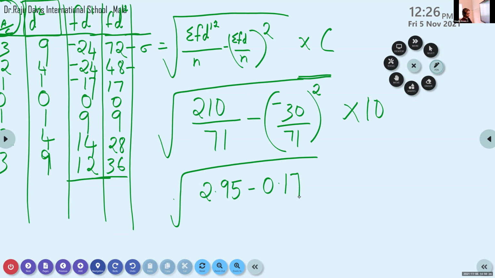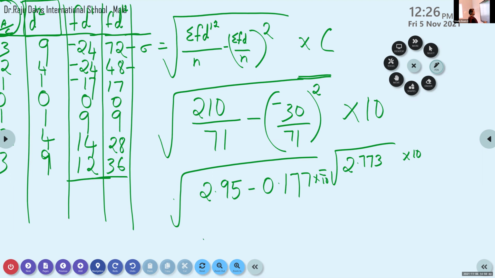Now, if you reduce this, square root of, into 10 should be there. If you reduce this, you will be getting 2.773 into 10.